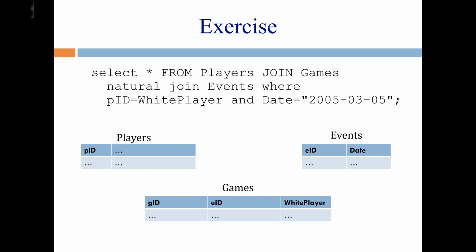So we have an index on players.pid, games.gid, and events.eid. And a couple things to remember here. White player is a foreign key to PID, and EID is a foreign key to EID in the events table.